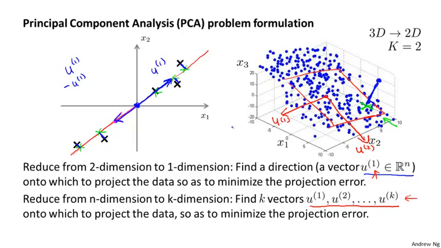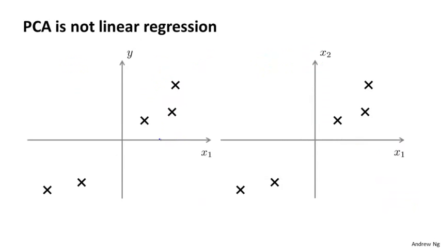Finally, one question I sometimes get asked is, how does PCA relate to linear regression? When explaining PCA, I sometimes end up drawing diagrams like these, and that looks a little bit like linear regression. It turns out PCA is not linear regression, and despite some cosmetic similarity, these are actually totally different algorithms. If we were doing linear regression, on the left, we would be trying to predict the value of some variable y given some input features x.